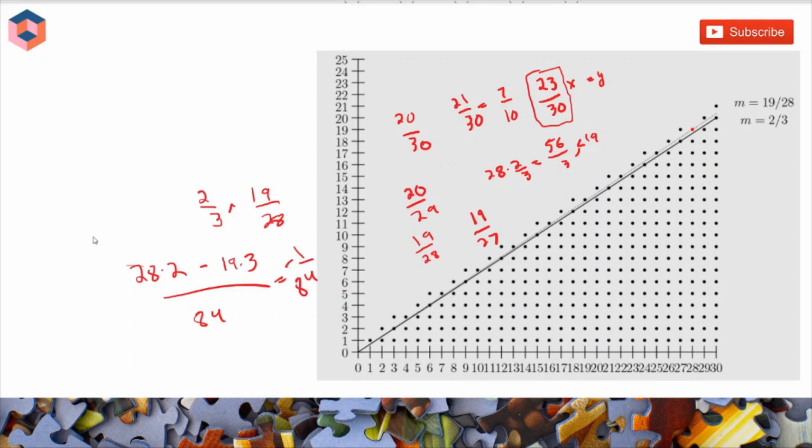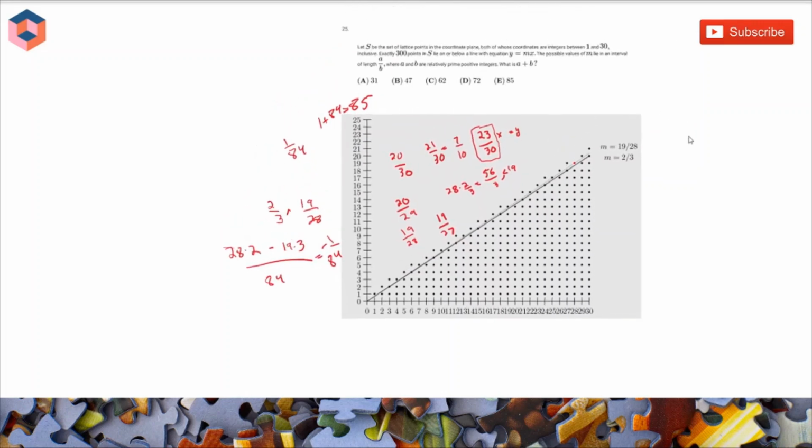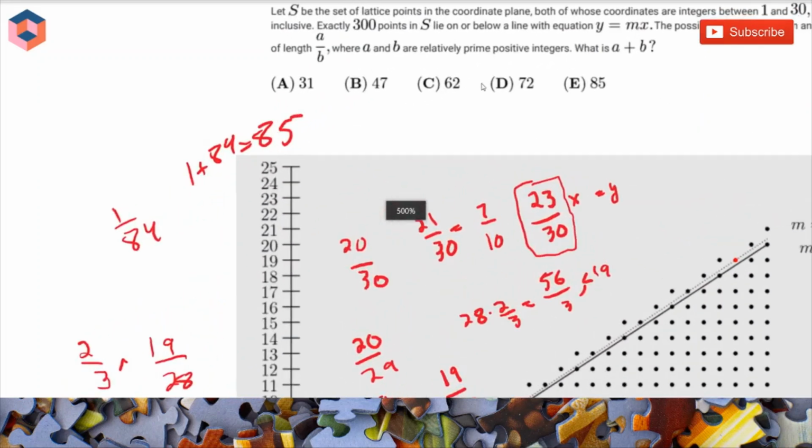Since distance is always positive and length is always positive, this is just 1 over 84. 1 plus 84 equals 85. And that's how you would solve problem number 25, both on the AMC 10A and on the AMC 10B and on the AMC 12B.